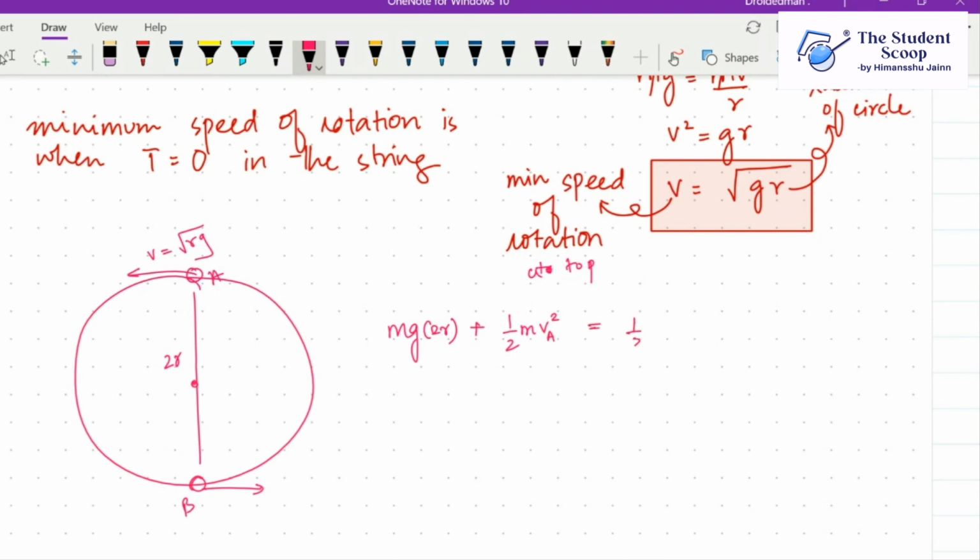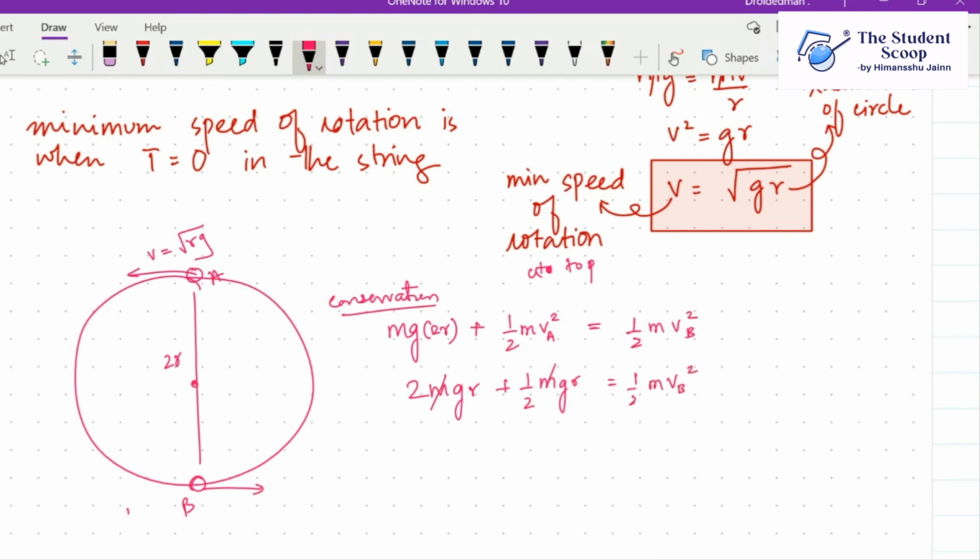Similarly, at B, it will only have kinetic energy. So we can calculate this velocity using conservation of energy in circular motion. This is the minimum velocity at the bottom so that it can have that velocity at the top. If we substitute v_A, that is root rg, we get half mgr, and this will be half m v_B square.